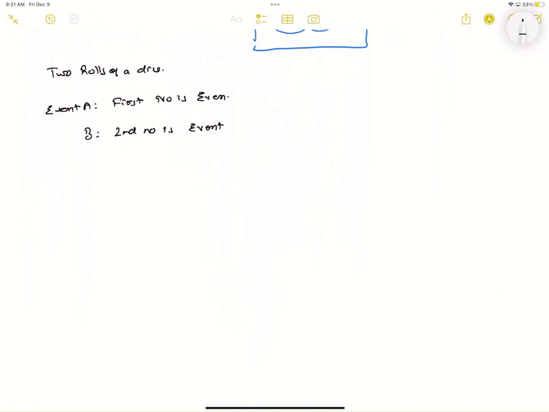So what are the possible outcomes? A will have a total of 18 outcomes. And how is that?